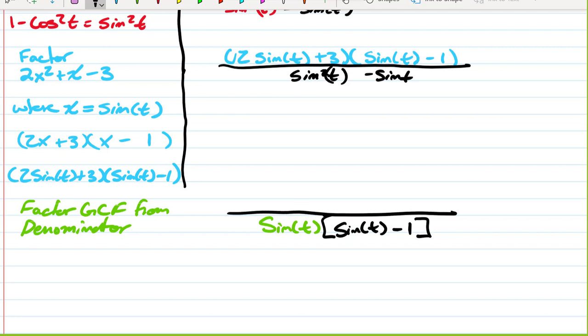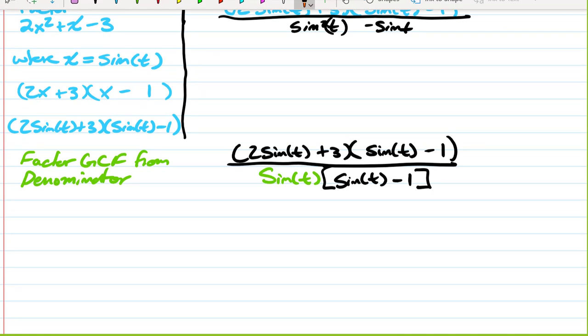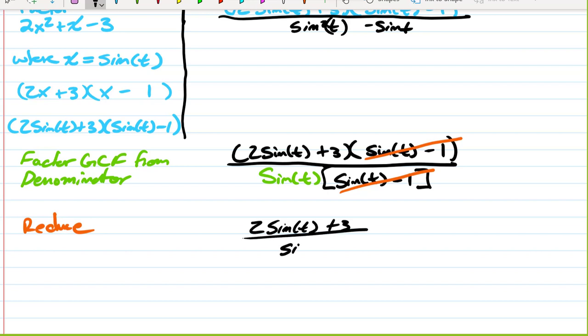And then in our numerator, we still have 2 sine t plus 3 times sine t minus 1. So finally, after all that factoring, we're left to our very last step, which is to reduce. So the sine t minus 1 and the sine t minus 1 reduce out, and we're left with just 2 sine t plus 3 all over sine t.